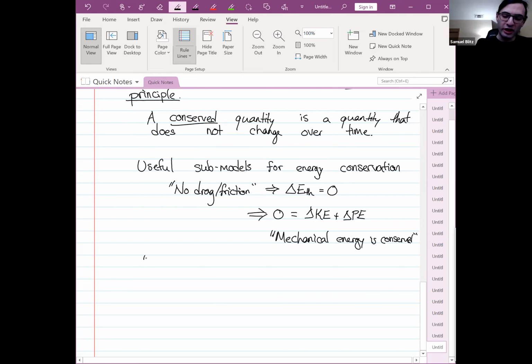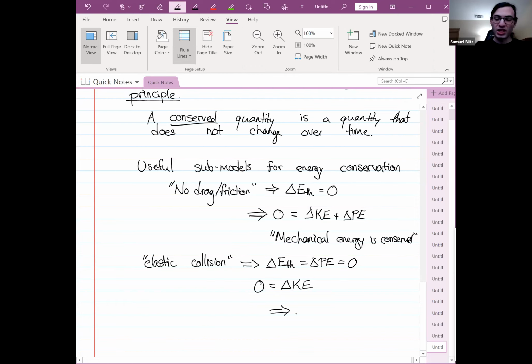Another useful submodel is the notion of two things colliding elastically, or undergoing an elastic collision. What this means is that there's no change in thermal energy and there's no change in potential energy. So again, in that case, our zero external work energy conservation equation becomes 0 equals the change in kinetic energy, which just means that the kinetic energy is conserved in an elastic collision.